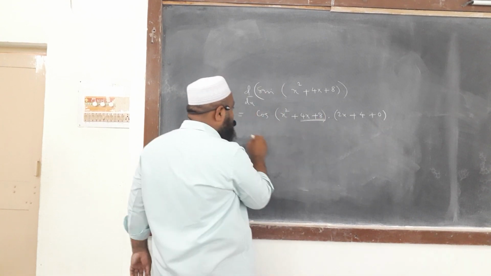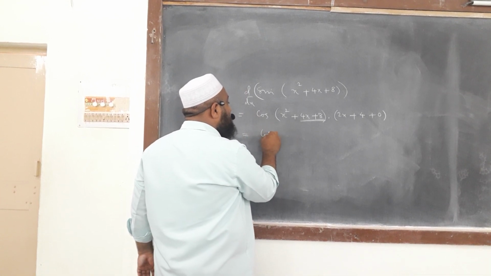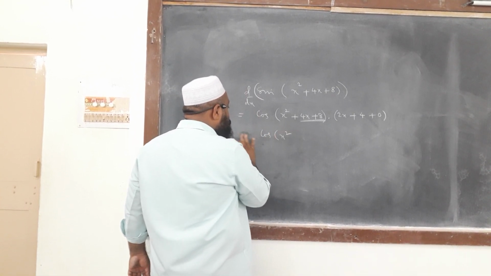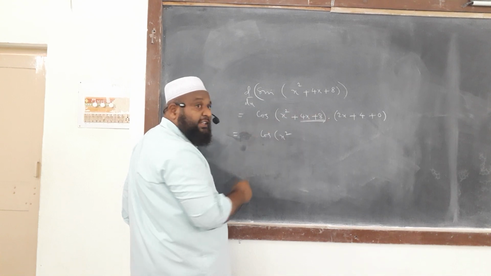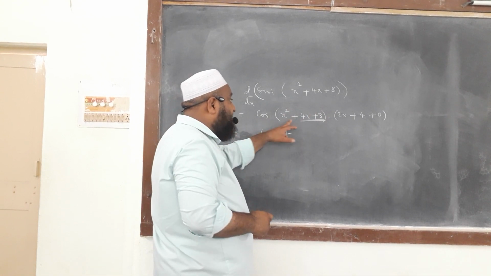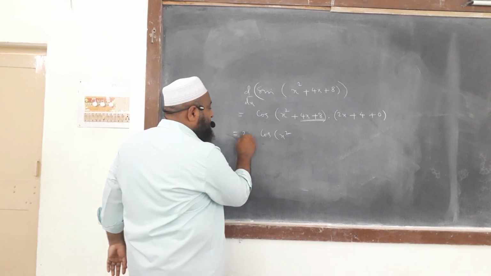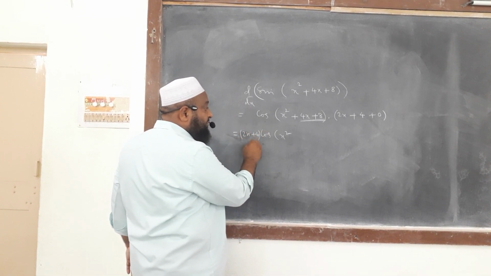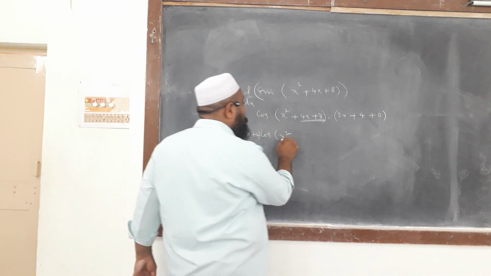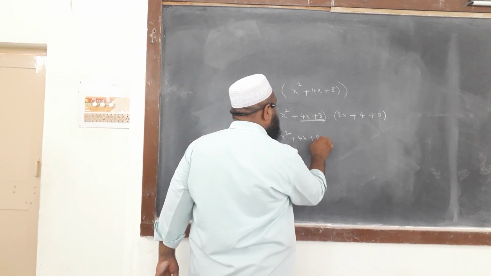So in the next step I will write it as cos of, better to express that function in the beginning, so that it will not give the feeling that cos is for this too. So what should we write now? 2x plus 4 times cos of x square plus 4x plus 8.